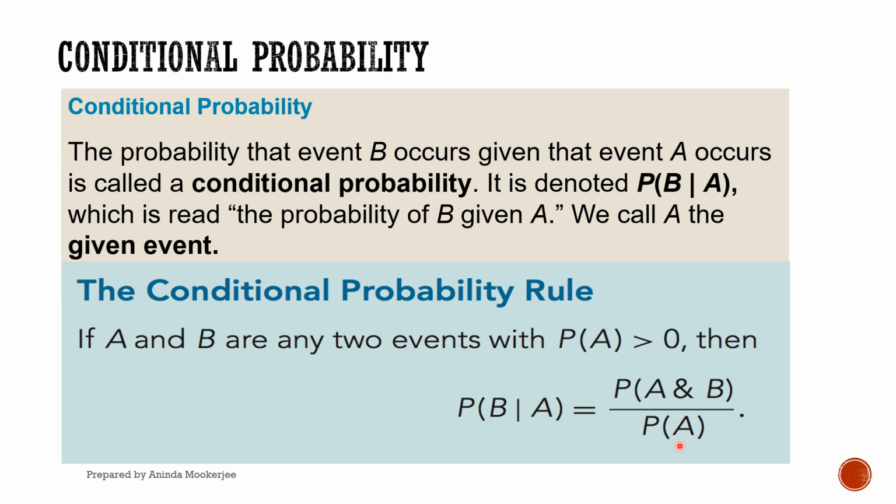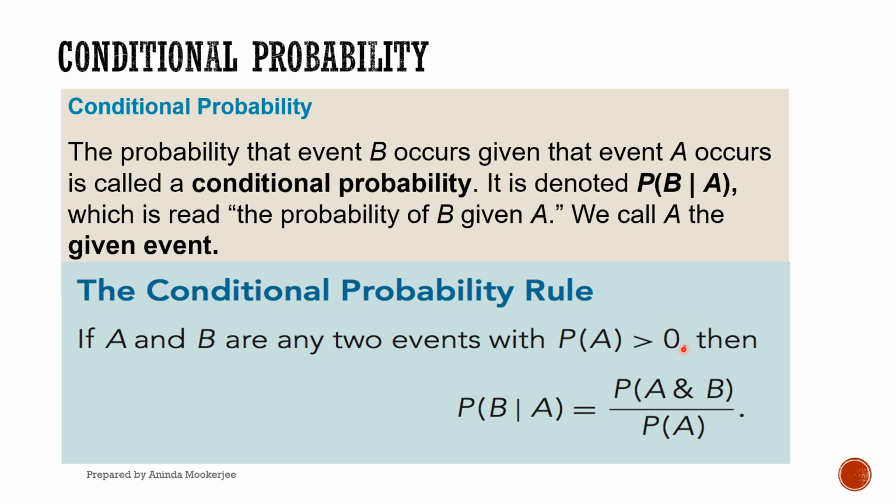All right. Now, again, the condition here is that in order to calculate this conditional probability, we have to make sure that the probability of A is not equal to 0.